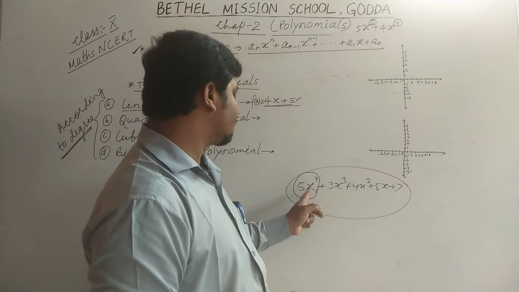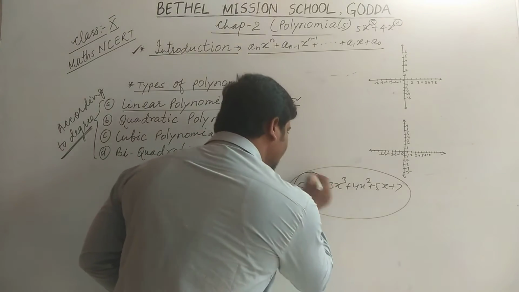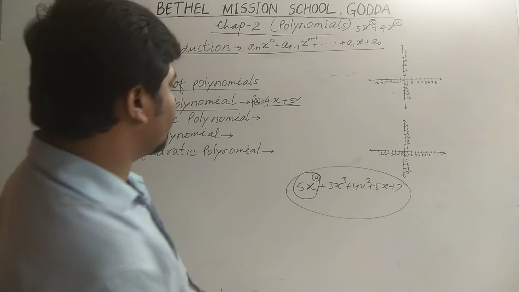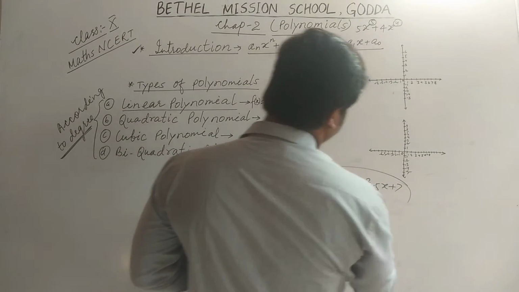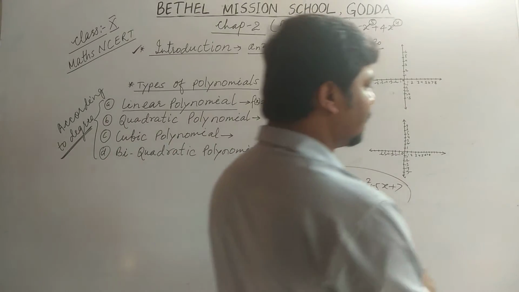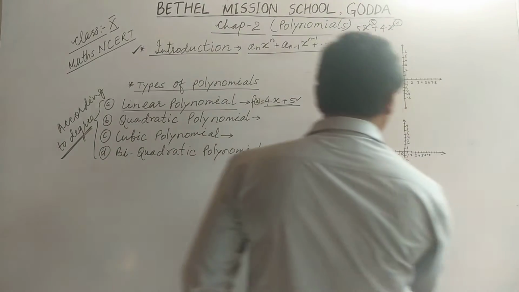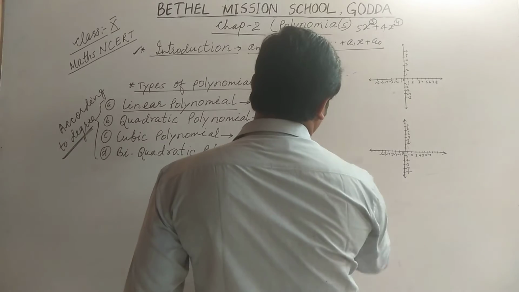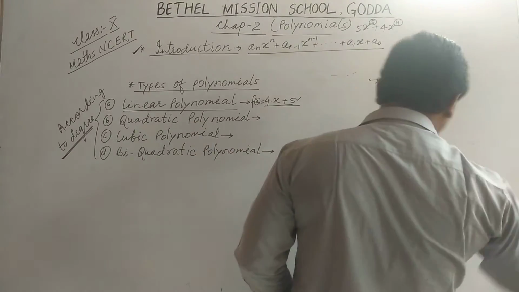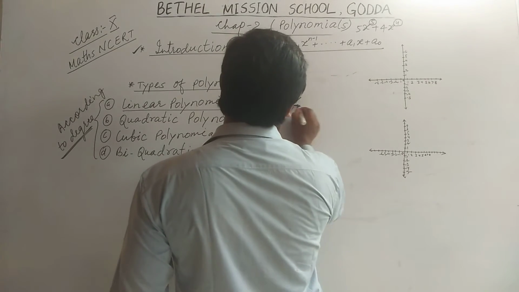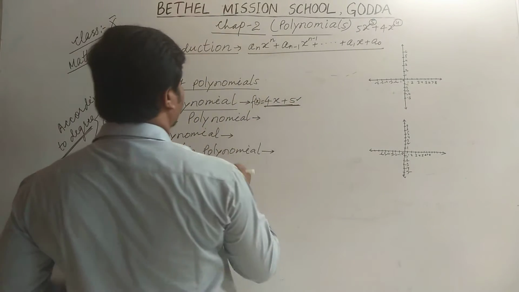This highest power is called the degree of the polynomial. So the power of the term with the highest power is called the degree of that particular polynomial.